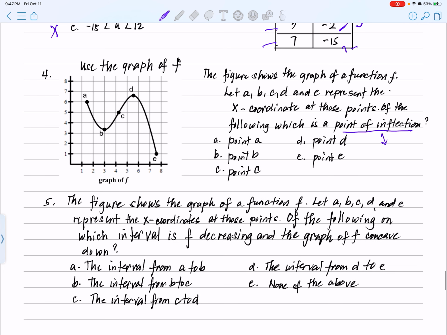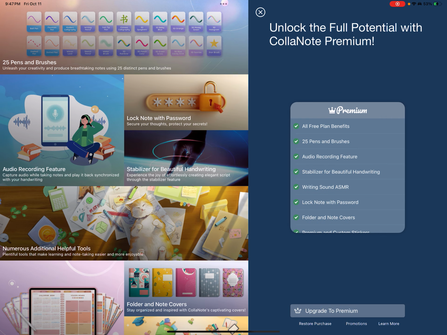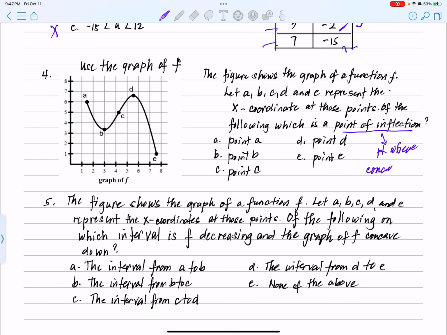It is the point where the concave up changes to concave down, or it divides the up and down.